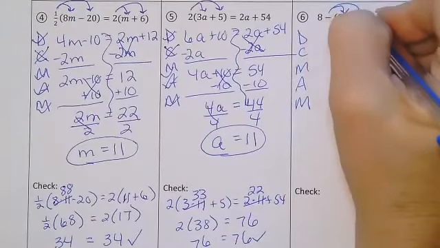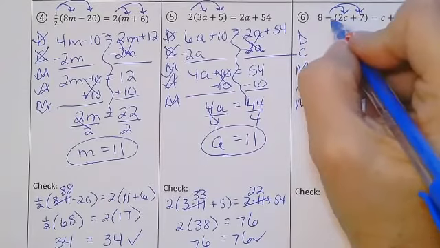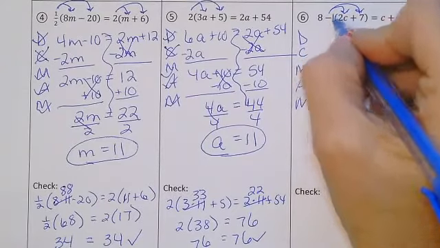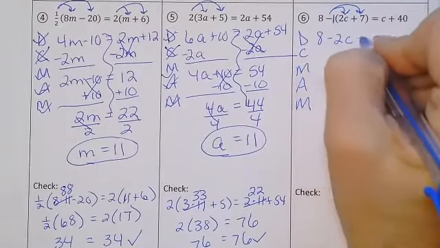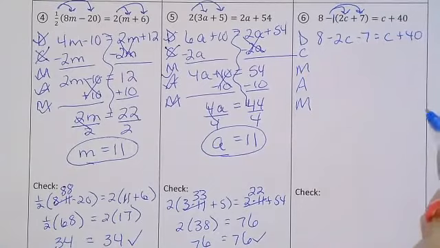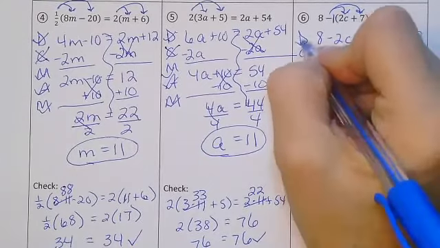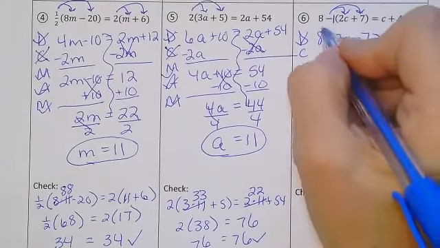Needed to multiply here and here. Now, since there's nothing there, it's given that it's a 1. So 8 minus 2c minus 7. Next is combine like terms.